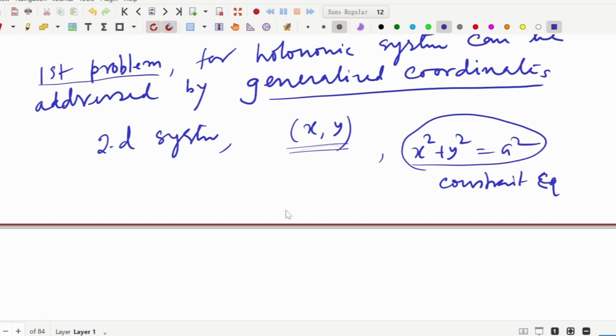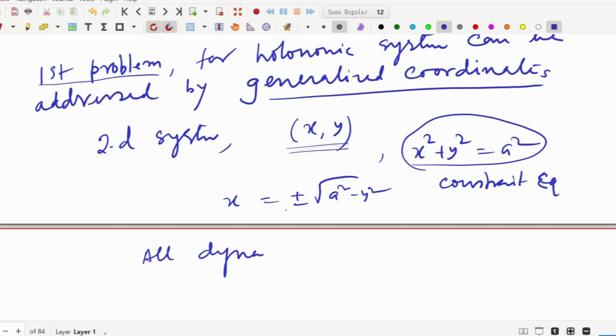We have an equal sign and we can replace, for example, x by plus or minus the square root of a square minus y square, and I replace x in the dynamical variables by this expression. Now all dynamical variables, or physical quantities, will be functions of y only, and this is independent.